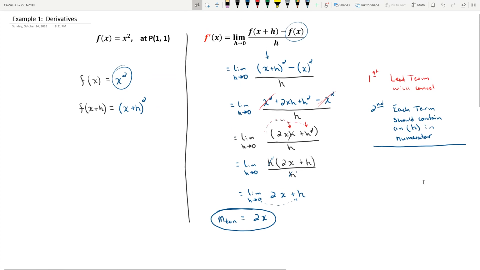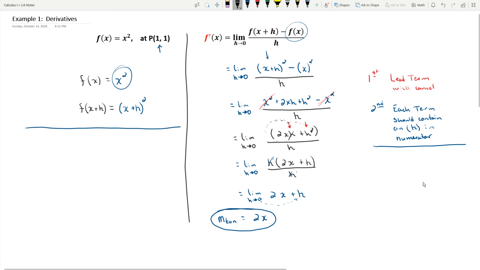So what they asked in the original question is, what is the slope at the point (1, 1)? And I think they're asking, what is the equation for the tangent line? So those are two different things.